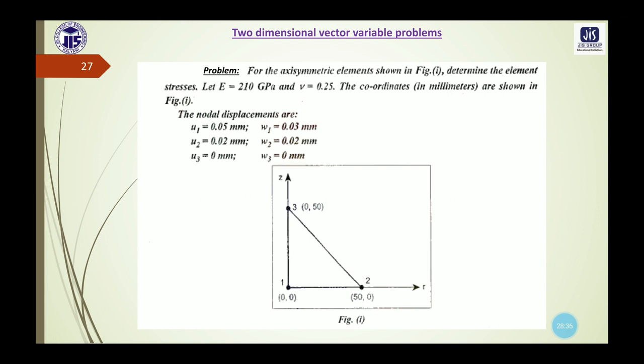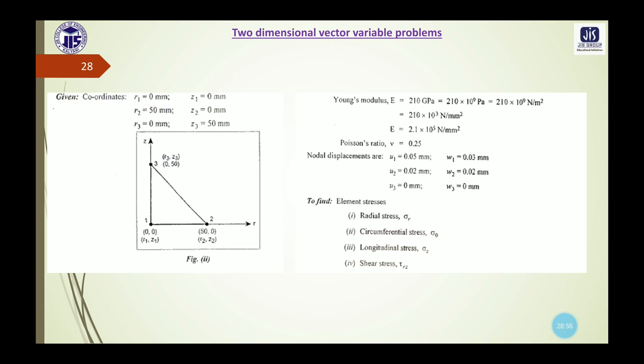The coordinates shown in this diagram are in millimeter. The nodal displacements are given as U1 is 0.05 millimeter, W1 is 0.03 millimeter, then U2, W2 and U3, W3 are given here. We need to calculate the radial stress, circumferential stress, longitudinal stress and the shear stress.